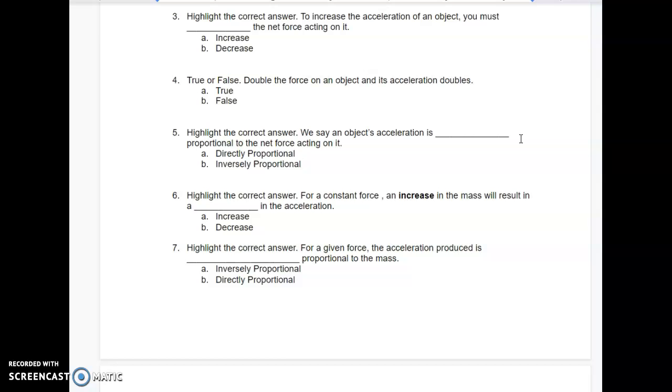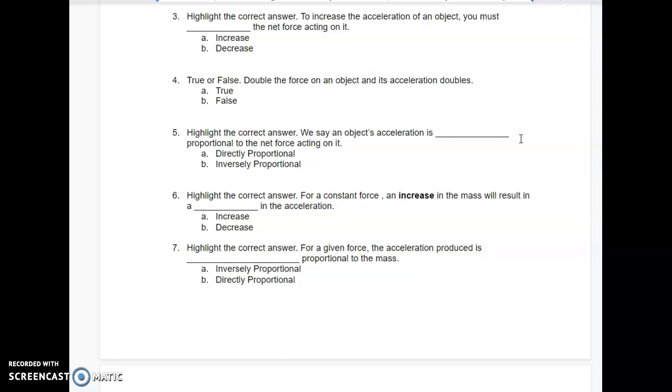Absolutely, it will double. And that is because acceleration and net force are directly proportional to one another. So if you increase one, you're going to increase the other. Or if you decrease one, you're going to decrease the other. So let's say that you doubled the force, so you expect a double in your acceleration. If you decreased your force, then you expect a decrease in your acceleration.